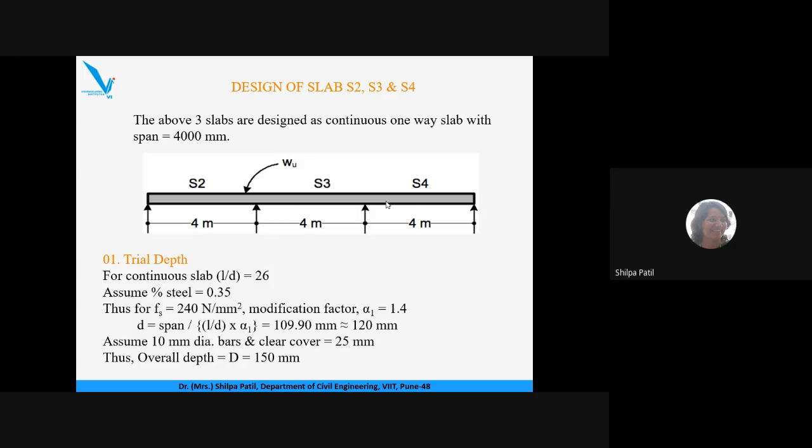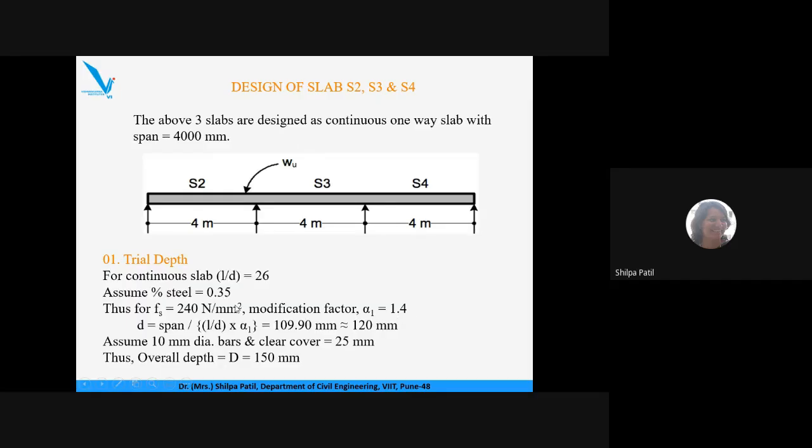For that, the range is 0.25 to 0.45. Within that range, we have assumed the value as 0.35. Fs value we have calculated as 0.58 into Fy, which is coming as 240 Newton per mm square. Now for 0.35% steel and Fs equal to 240, we refer to figure 4 given in IS 456, and we calculate the modification factor alpha 1 as 1.4.